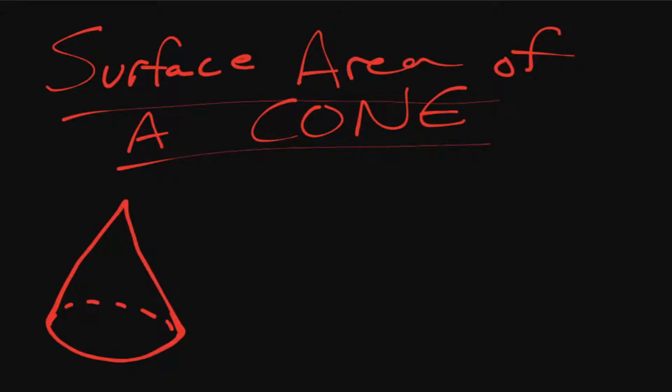So let's just take a quick look at some of the key terms that I'm going to be referring to here. That is going to be referred to as the height of the cone, from the dead center of the circle to the top, which is the vertex.